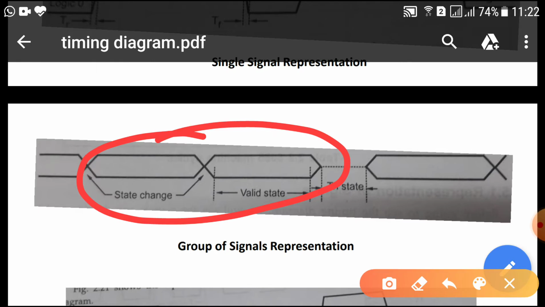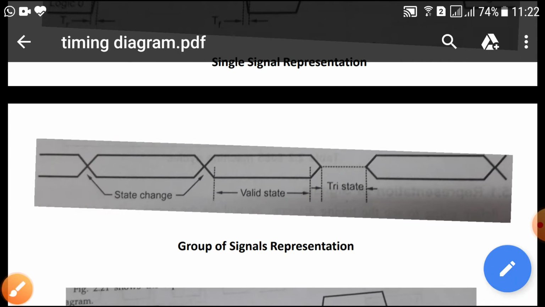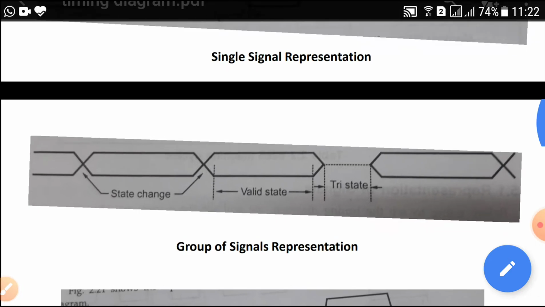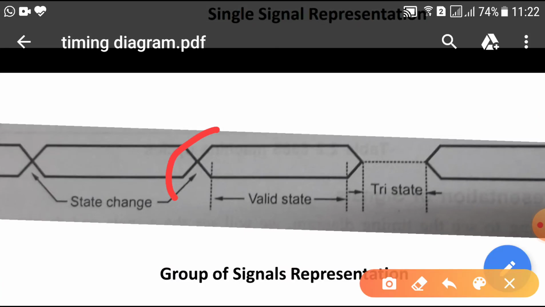In this, the individual state is not considered, but the group state is considered, and a change in the state of a single line changes the state of the group. It is represented by a cross as shown in this diagram of the slide, and the tri-state condition of the group signal is shown by the dotted line.